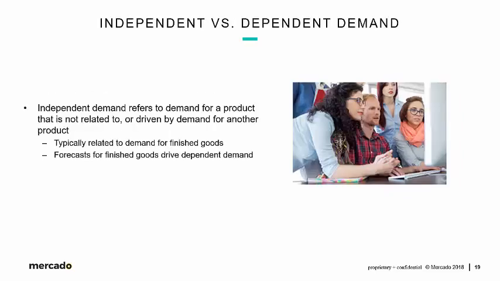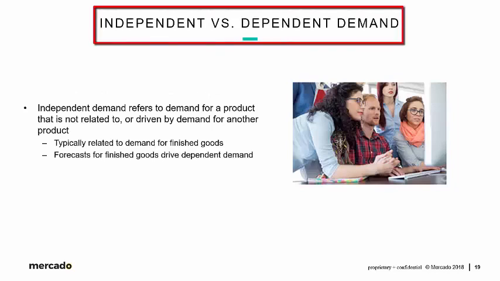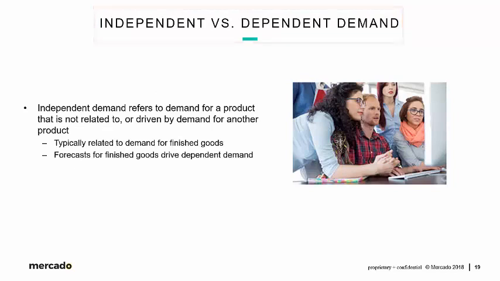Here's something we haven't talked about too much at all. Independent versus dependent demand. And this relates to the forecasting of sales for finished goods. Super critical to make a distinction between the two. Independent demand refers to demand for a product that is not related to or driven by demand for another product. Really what we're talking about here is demand for finished goods, the goods that we make and sell in the marketplace.